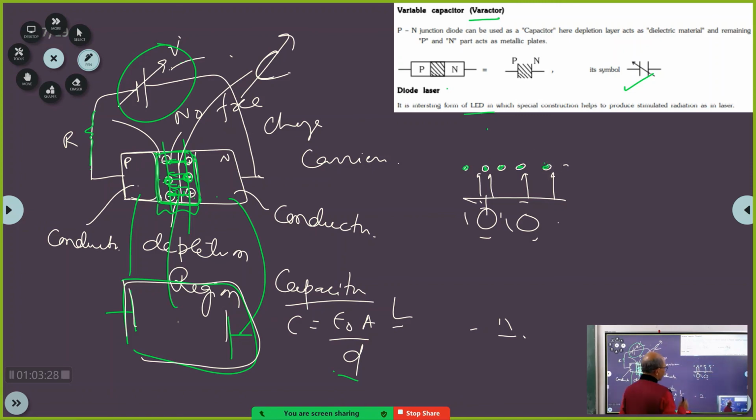Now listen very carefully. The energy difference between these two levels is delta E. These electrons at the higher energy level, if left by themselves, will come back to their original level on their own, but they will take some time.